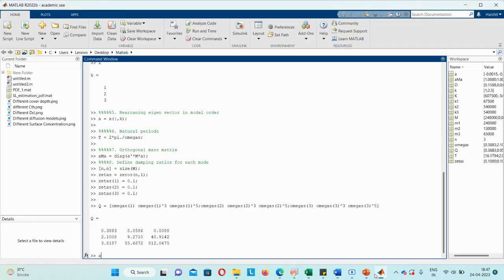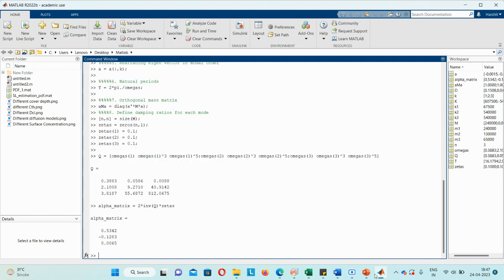We can write it directly: the alpha matrix is equal to 2 times the inverse of Q into zetas. So these are the alpha values.